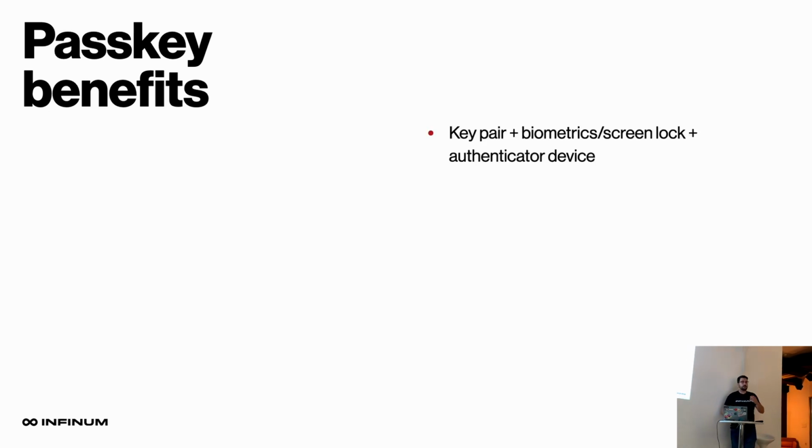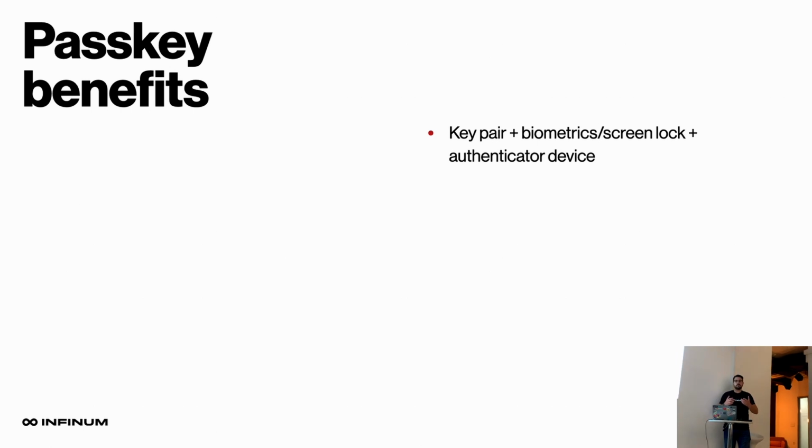First and foremost, a passkey has actually 3 points of contact. The first one is that you have that private-public key pair. The second is that you need to have that physical device, the authenticator. And the third one is that you need to have that device locked somehow.